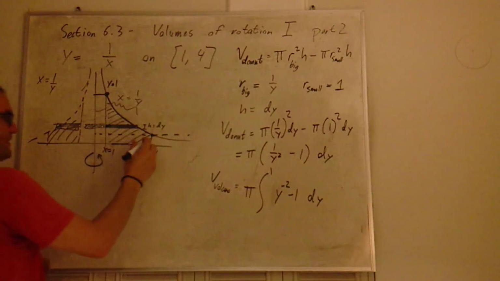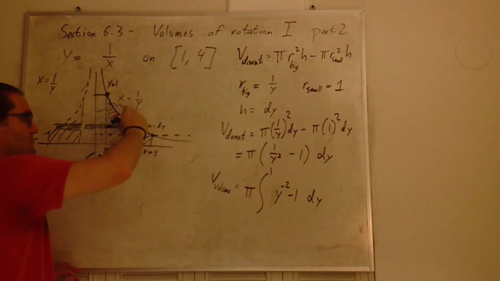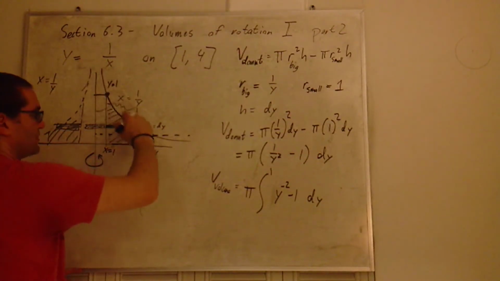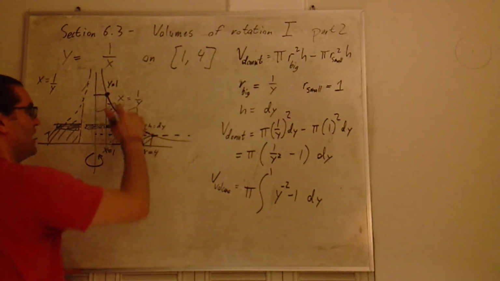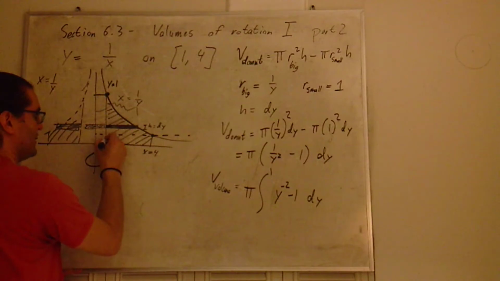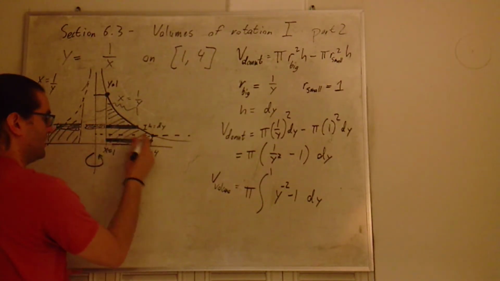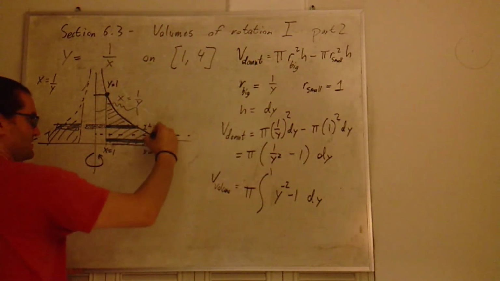The bottom y value is going to be a bit of a mess because I'm not following this curve outward all the way to infinity. I'm only following this curve out to x equals 4. At this point, I'm going to stop, and if I put another rectangle in here, it isn't going to chase that function outward. It's going to stop at x equals 4.